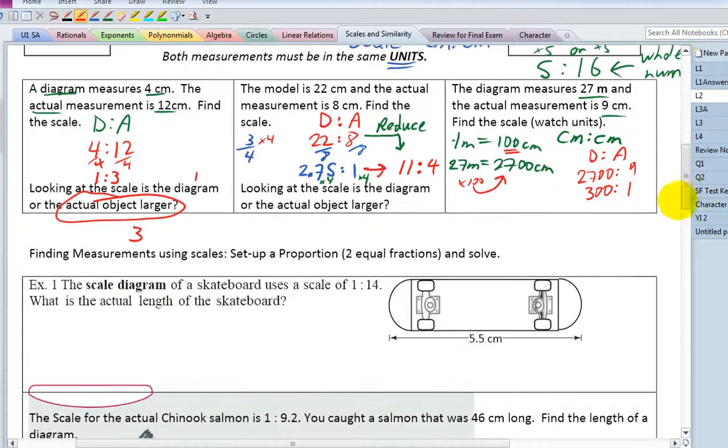Good. So let's get some applications. What we want to do when we're finding measurements, we want to set up a proportion, which is 2 equal fractions. So we can get 1 fraction equals the other fraction, then we'll solve. Now for your fractions, remember your diagram goes on top, your actual goes on the bottom.